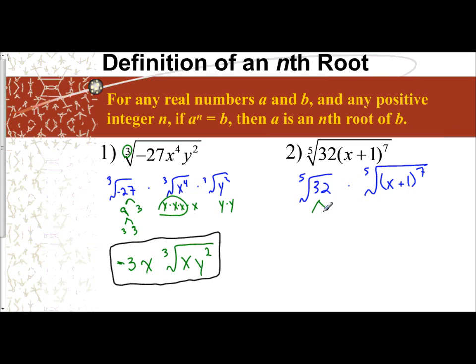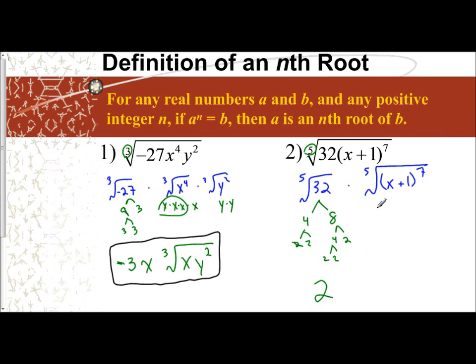But if you want to break it down, you can see that 4 times 8 is 32. 4 breaks into 2 and 2. 8 breaks into 4 and 2. And then 4 breaks into 2 and 2. You have 1, 2, 3, 4, 5 2's. And that's what we want, a set of 5. So I can pull out 1 2.